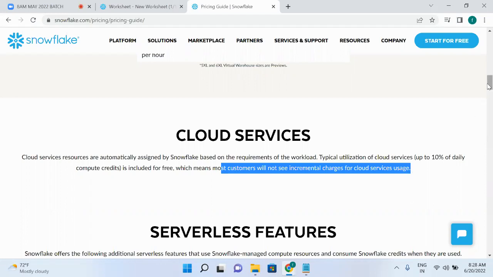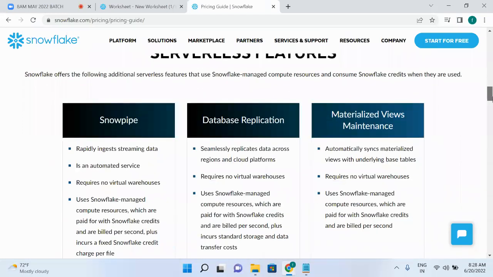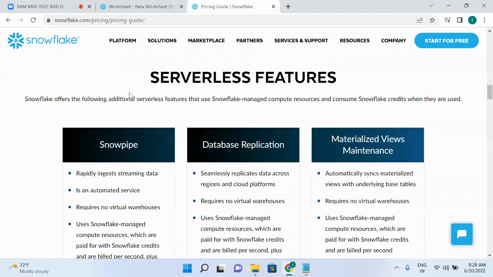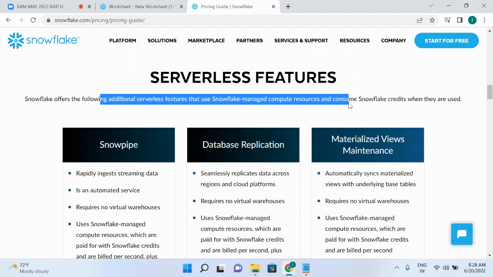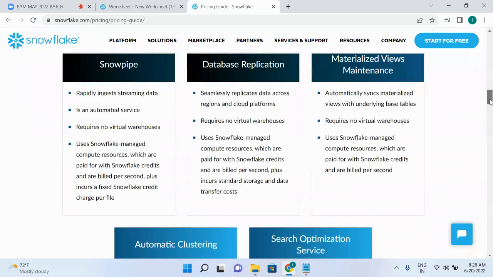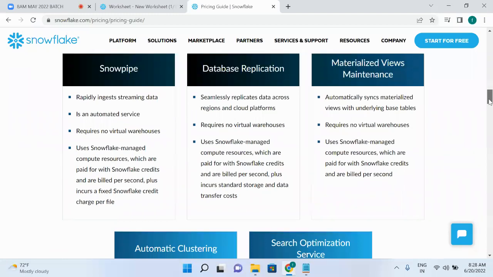Okay, this is fine. Now the other thing, serverless features. Snowflake offers additional serverless features that manage compute and consume Snowflake credits when they are used. It means the feature is available, but only when you trigger it will Snowflake charge for it.